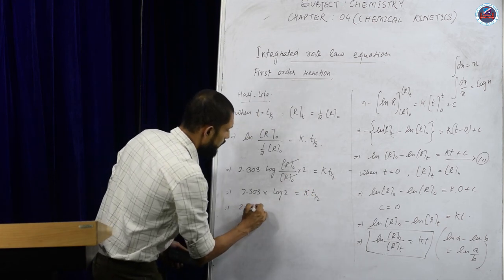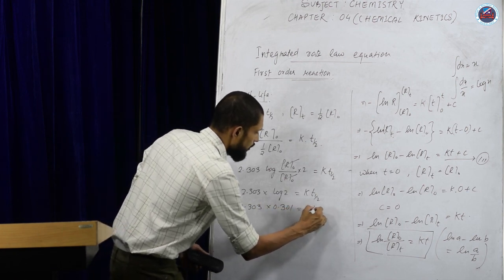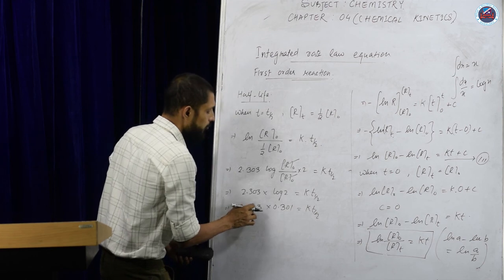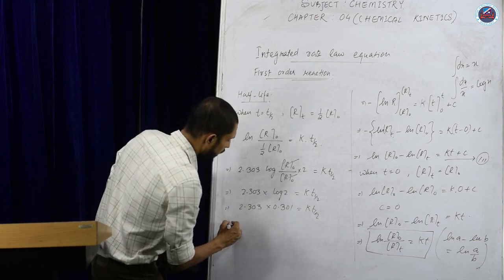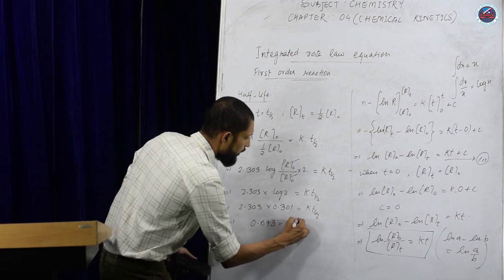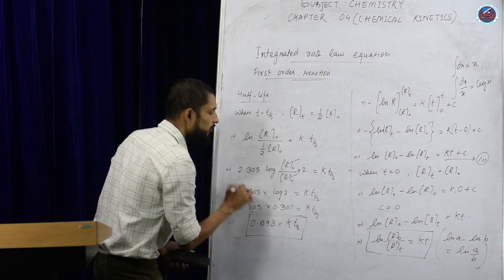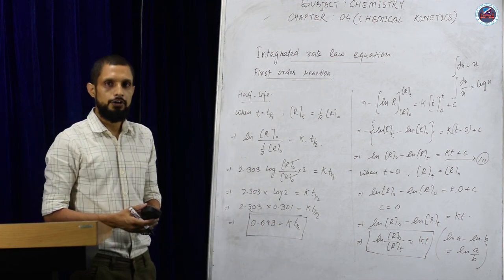The value of log 2 is 0.301. If you multiply 2.303 by 0.301, you'll get 0.693 is equal to K t half. So this is the half-life equation for first order reaction.